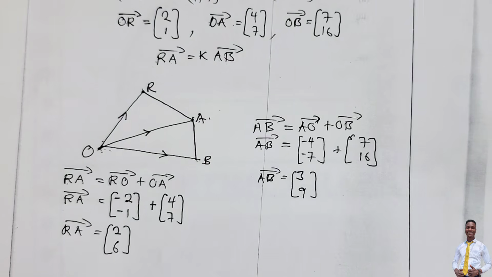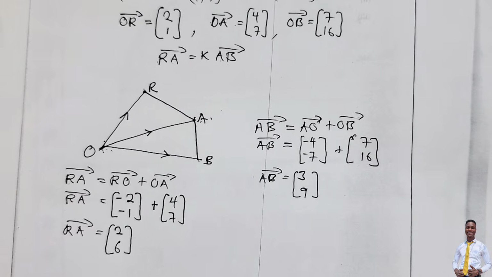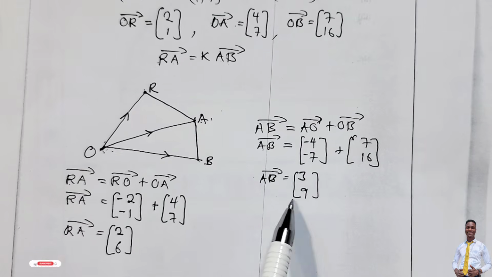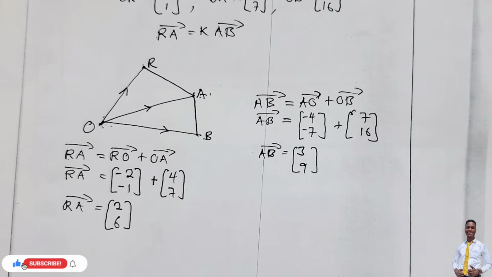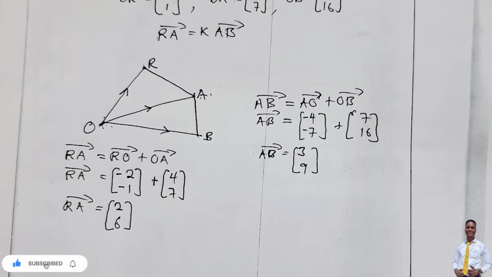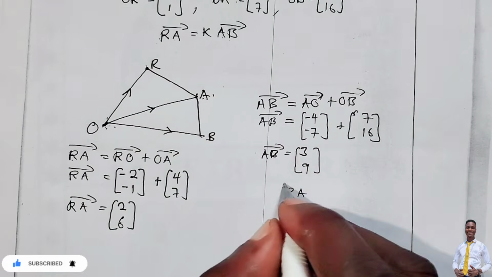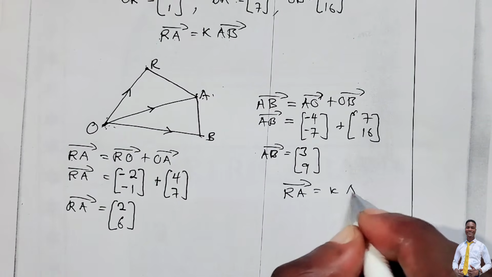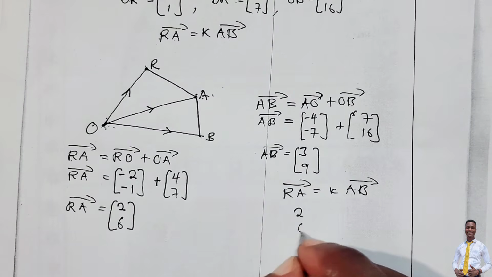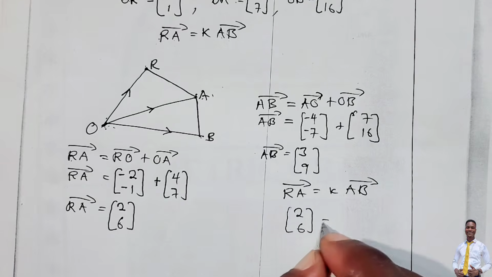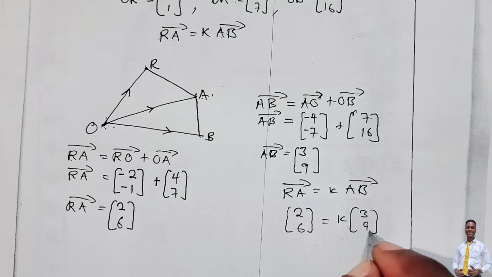Now, having found RA and AB, you need to find the scalar K. Let's substitute. RA is equal to K AB. What is RA? It's 2, 6, equal to K multiplied by AB, which is 3, 9.